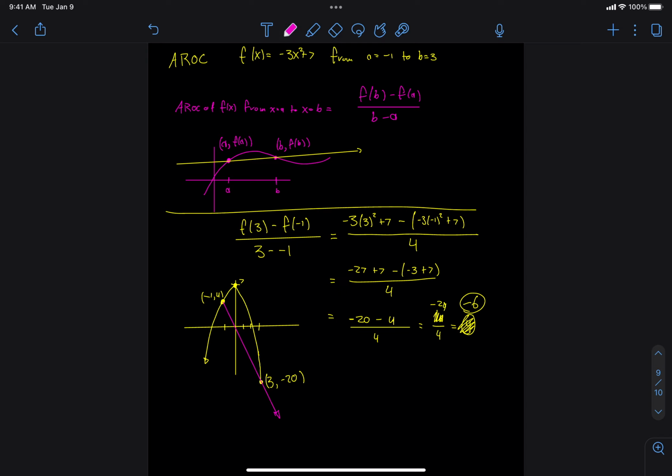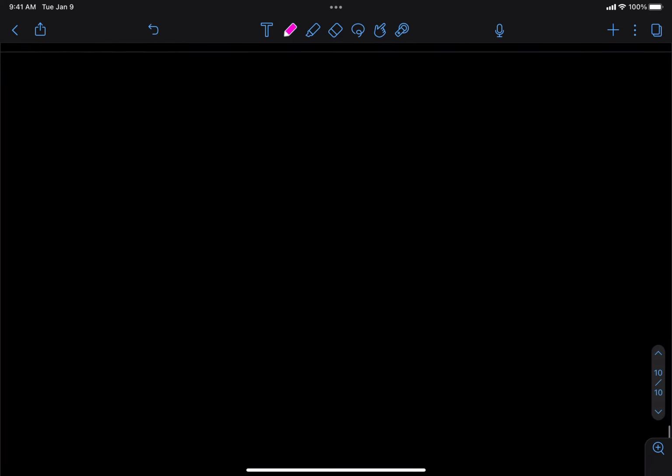So we have f of x equals negative 4x plus 1 divided by x plus 3.